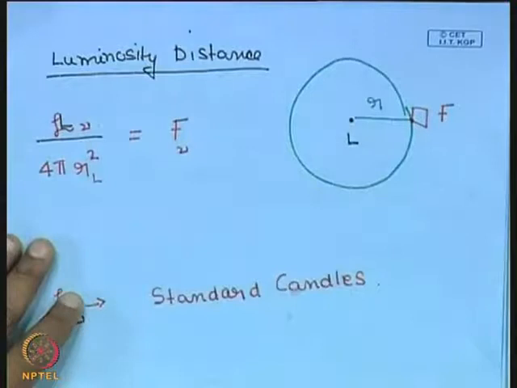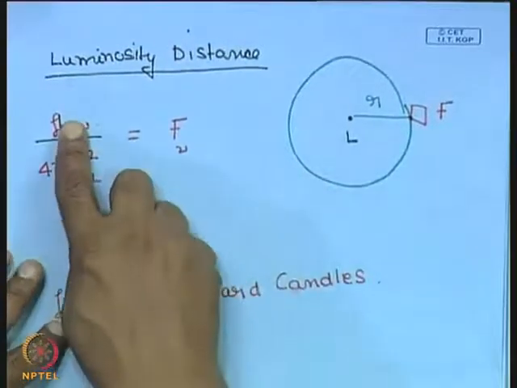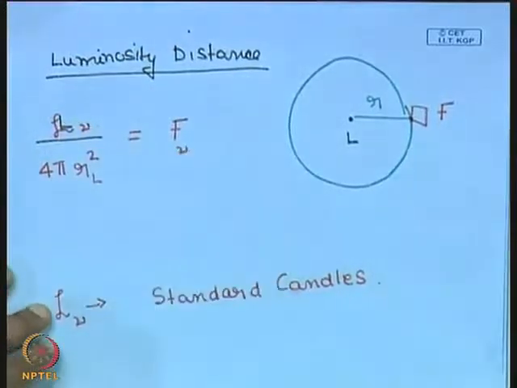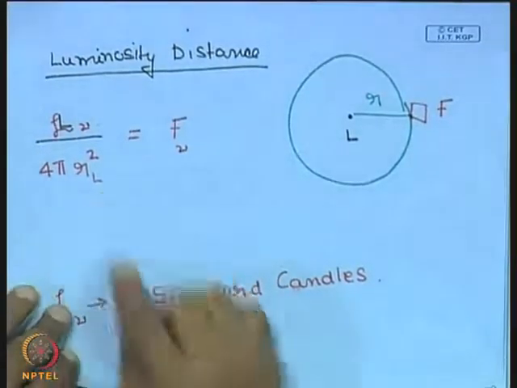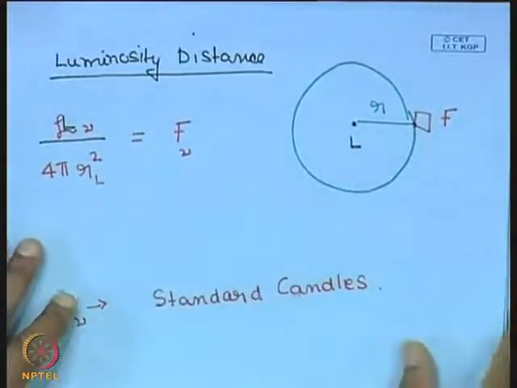The next thing that we were discussing in the last class is the luminosity distance. And I had told you what the luminosity distance is based on. It is based on the relation between luminosity and the flux. So now let us derive the luminosity distance, R_L.